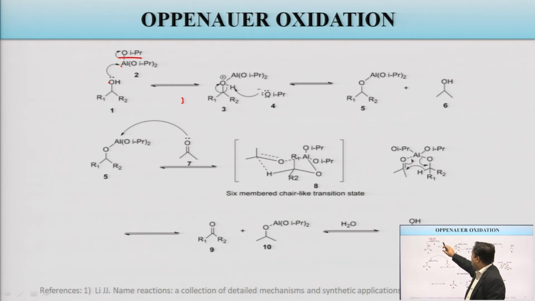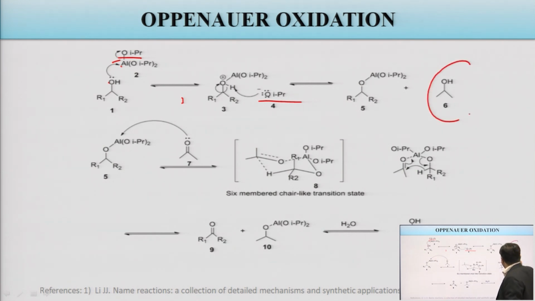That group, after removal, comes towards the hydrogen. The hydrogen present on the oxygen will be abstracted by this group. After that, the ketone comes into the picture.